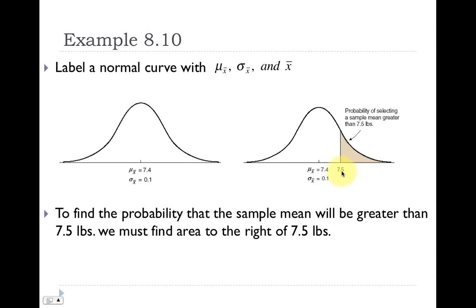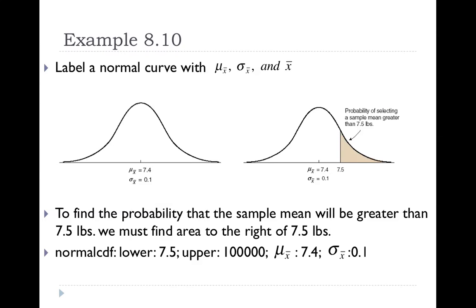So we put 7.5 on the horizontal axis to represent that value for x bar. And we shade the area all the way to positive infinity for the probability of selecting a sample mean greater than 7.5 pounds. So we're going to use normal CDF because that's what we do when we need to find probabilities for the normal distribution.